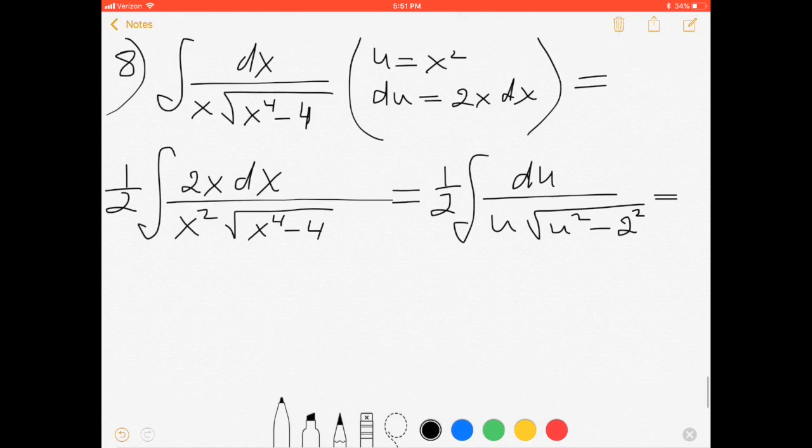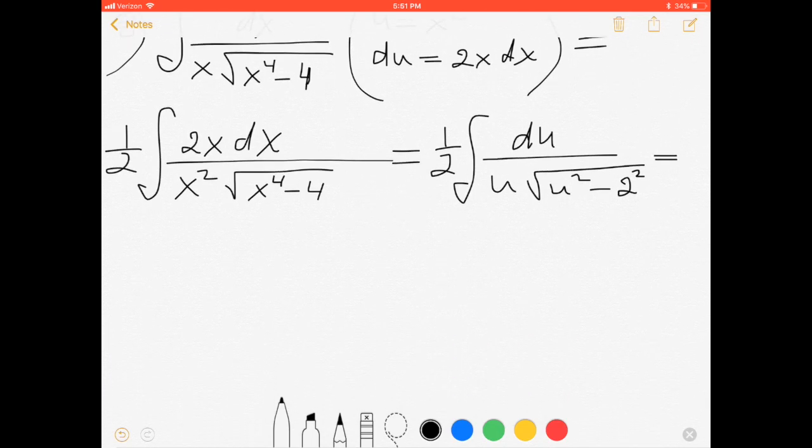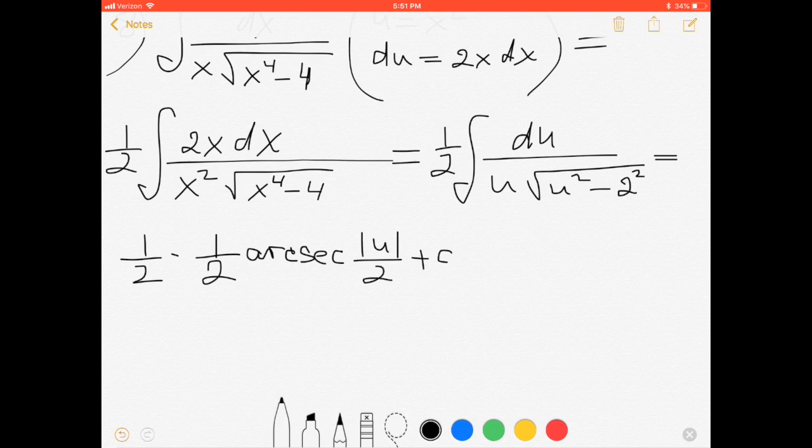Great. Now we're ready to use our formula. 1/2, this is 1/2 because we have 1/2. Then we have 1/2 because our a is 2. And then we have arc secant of the absolute value of u over 2 plus c.